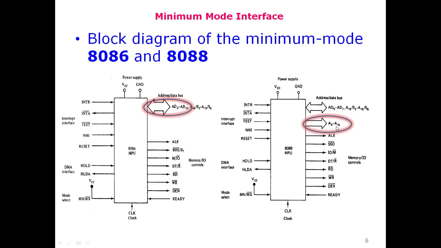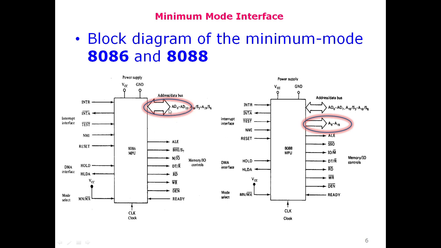The pins A8 till A15 are not multiplexed with data. They are simply used for the address, for the high 8-bit address. Only AD0 till AD7 are multiplexed, while the rest of the multiplexing is the same in both of the microprocessors.